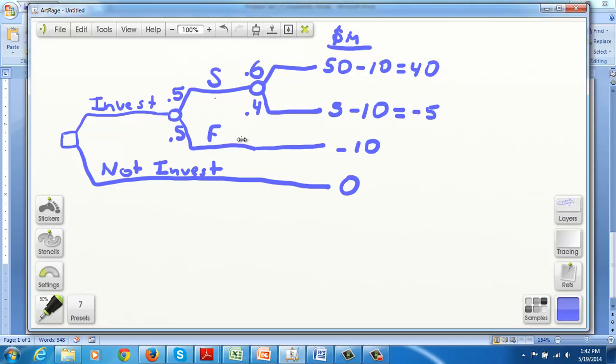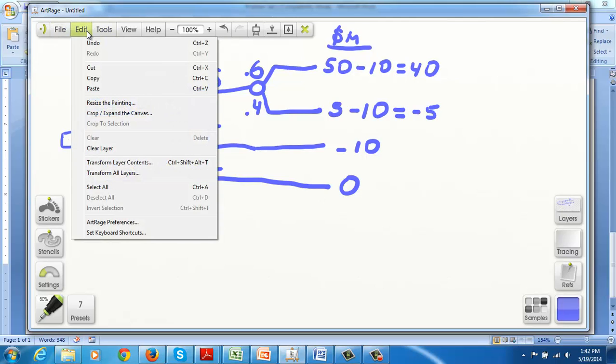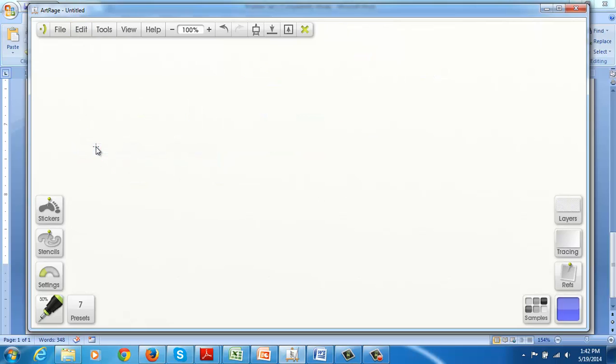And likewise, if we fail right off the bat from the investment, then we would lose our investment amount. And then the not invest is do nothing. So that's part A. For part B, I think what we'll do is simplify this, and we will get rid of this tree and clear it.